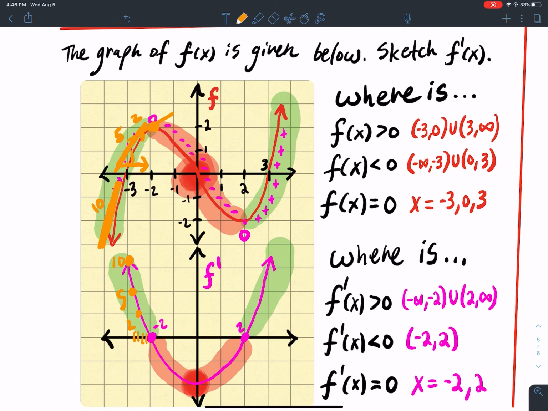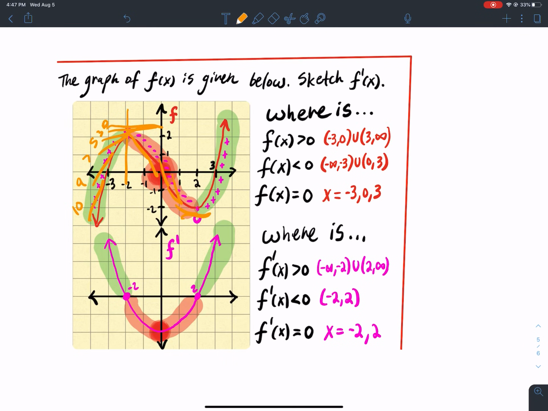So it's literally working its way down. The slopes are becoming more and more like 0 as I get closer to this value. And then as I work going this way, it gets steep, steep, steep, and then it kind of levels off.